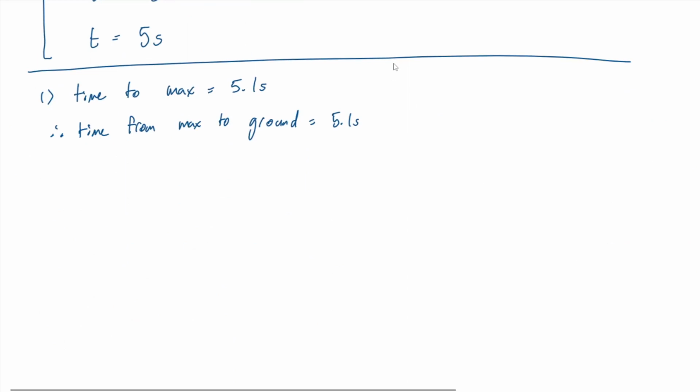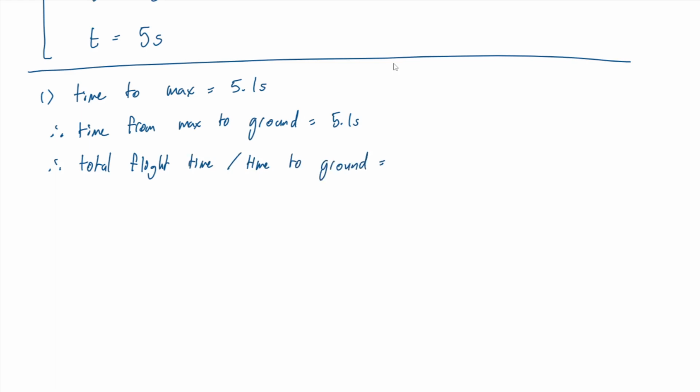So that would be the combined time, therefore like total flight time or time to ground again from launch is 10.2, or rounded as 10 seconds. Cool. So that is the nice way, right? The easy way.